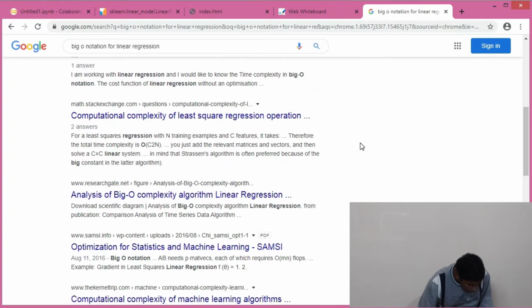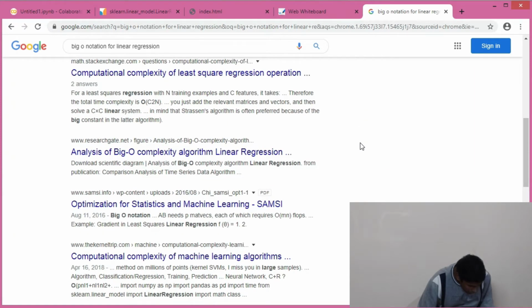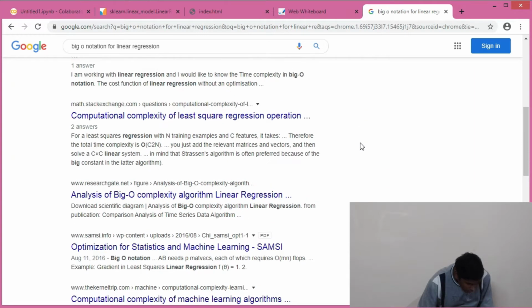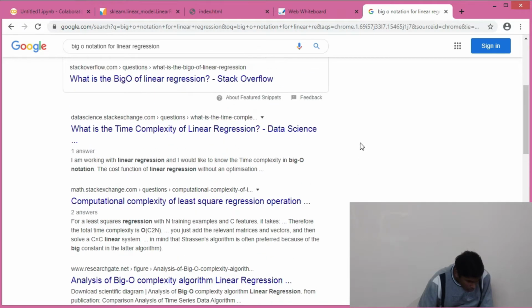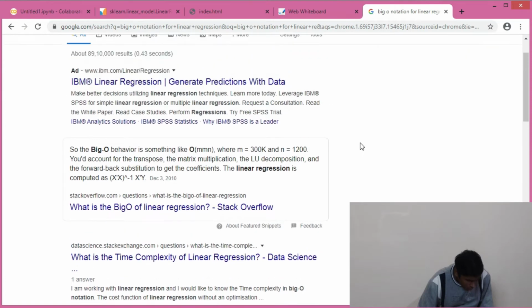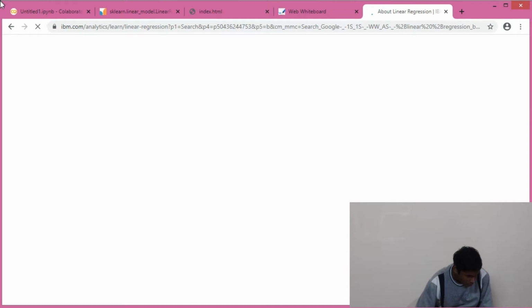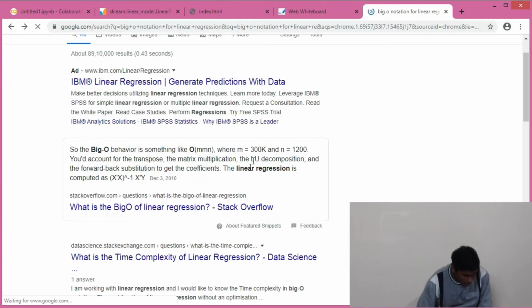I'm just finding out whether I can find it here. If I'm not wrong, it's log n. No, it's not log n. I guess it's n log n. Most probably. Let's just see. Yeah, I should have gone there actually.